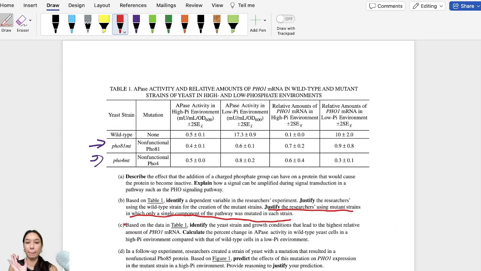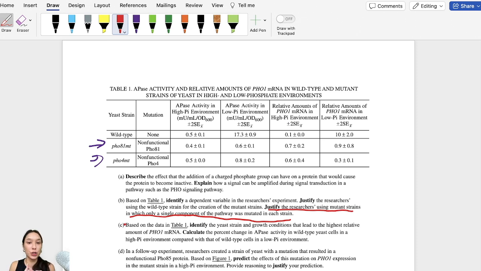Okay, so this one was a little bit more complex, but if I were to give you a reference, if I wanted to see the way that temperature affects an enzyme, I'm not going to change temperature and concentration or temperature and pH, because if the enzyme is not functional anymore, how do I know that's because of temperature? It could also be because of pH, because I changed both.